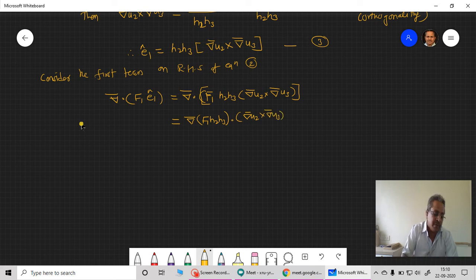This is my first quantity on the right hand side, plus second time I have to take differential of this product in the bracket, so divergence of that. So F1 H2 H3 remains as it is, and del bar dot, now this is del bar, sorry, this grad U2 cross grad U3.